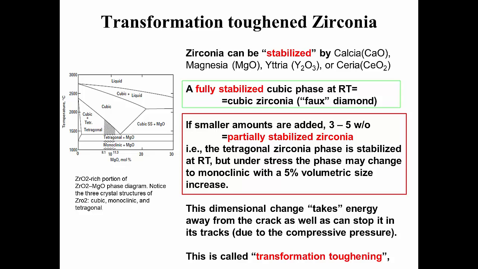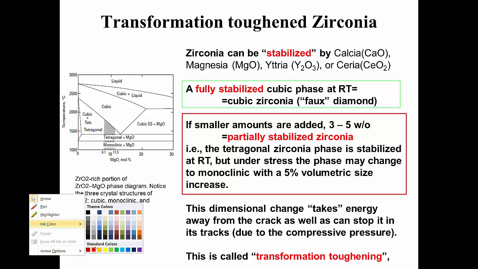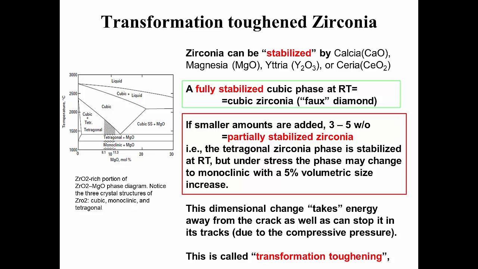What you see here in this phase diagram on the right is that for pure zirconia, at a range of relatively high temperatures, the crystalline structure is cubic. At temperatures roughly between 1200, actually 1240, up to 2300, it is tetragonal.